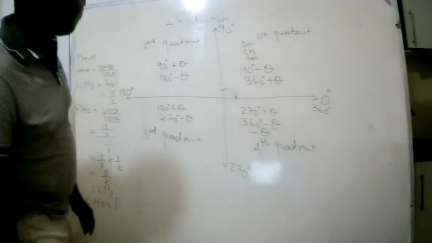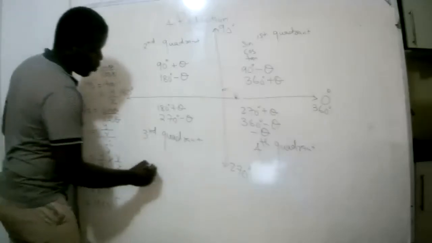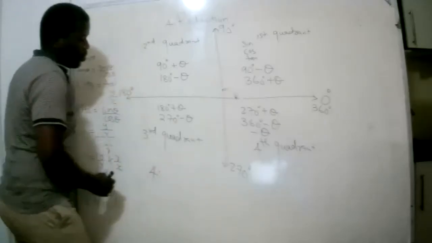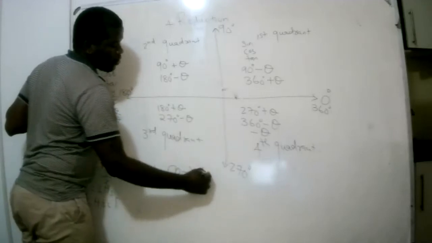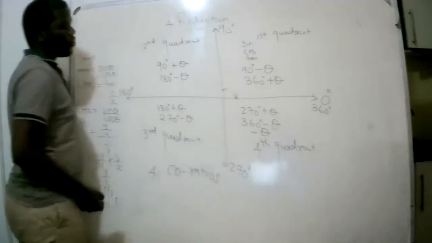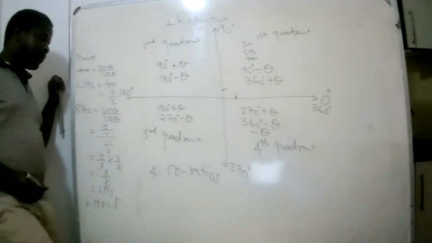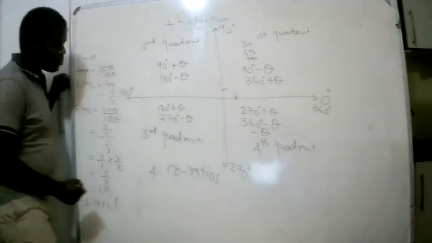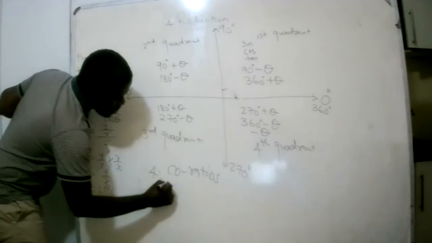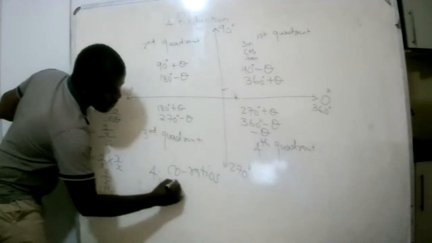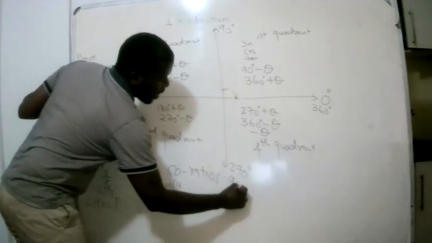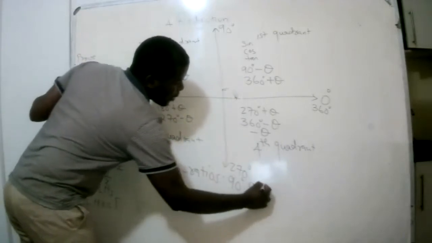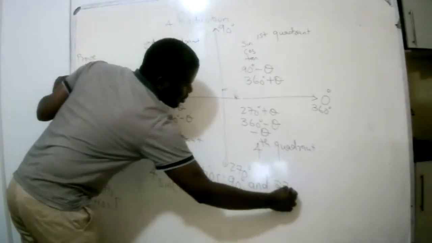But from there, there is something which I want to add, which is important. It's called the core ratios from reduction angles. The core ratios from reduction angles. So now, let's just give as an example, we have sine 90. Let me also mention that core ratios are 90 degrees and 270 degrees.